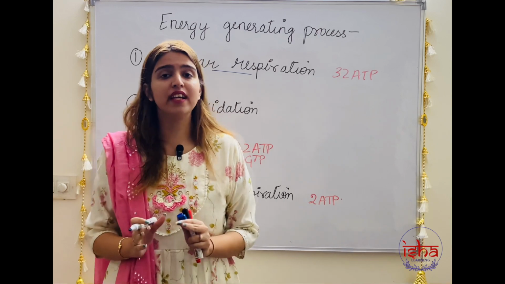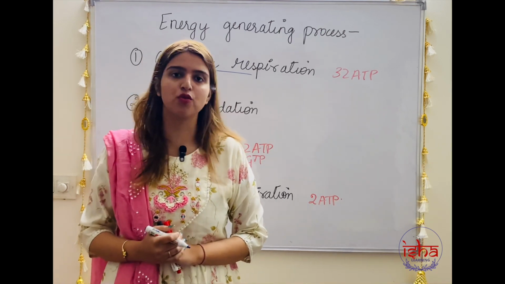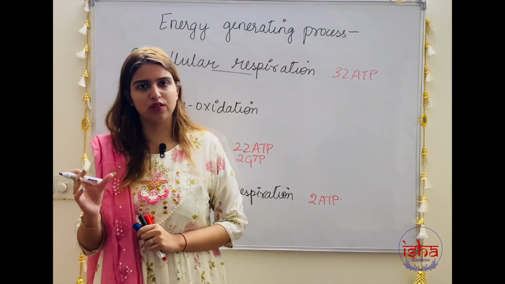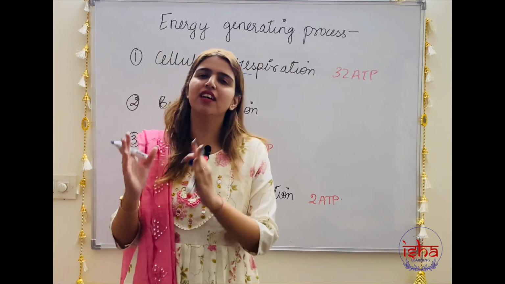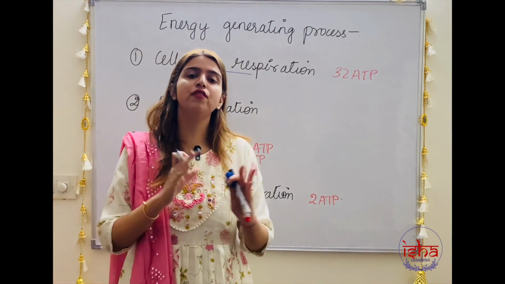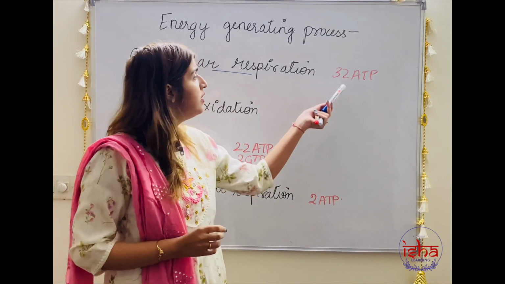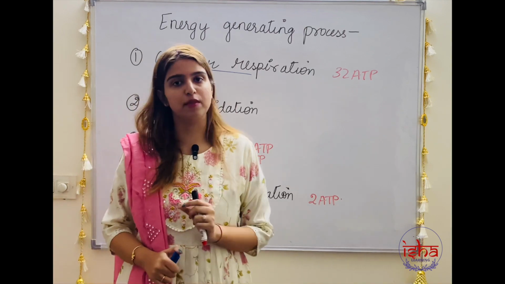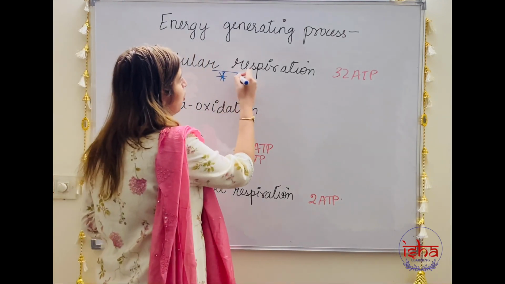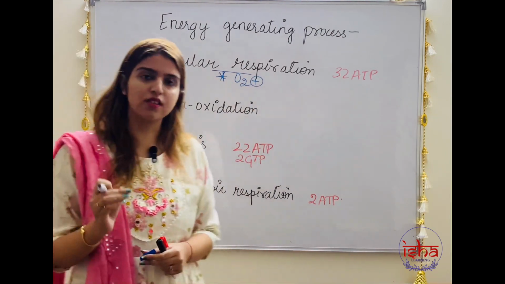We're going to look at how, let's say, a glucose molecule, that is a respiratory substrate, is going to be broken down to pyruvate through glycolysis. Eventually, acetyl coenzyme A will go through the TCA cycle. Eventually, after passing through the electron transport system, we are going to get 32 molecules of ATP. Remember that this process happens in the cell in oxygenic conditions, that is in the presence of oxygen.